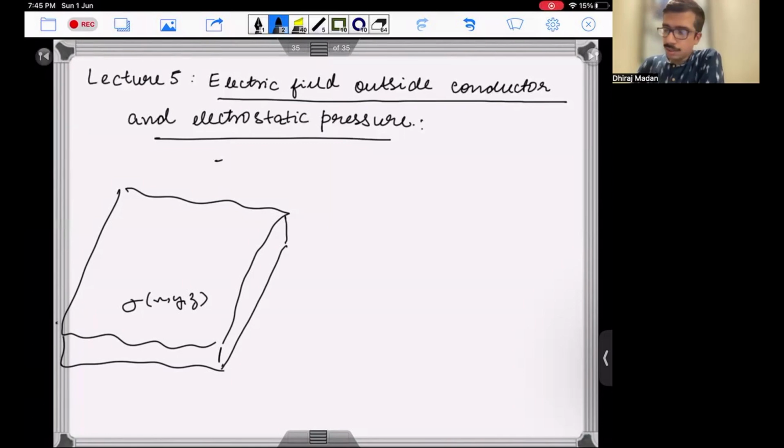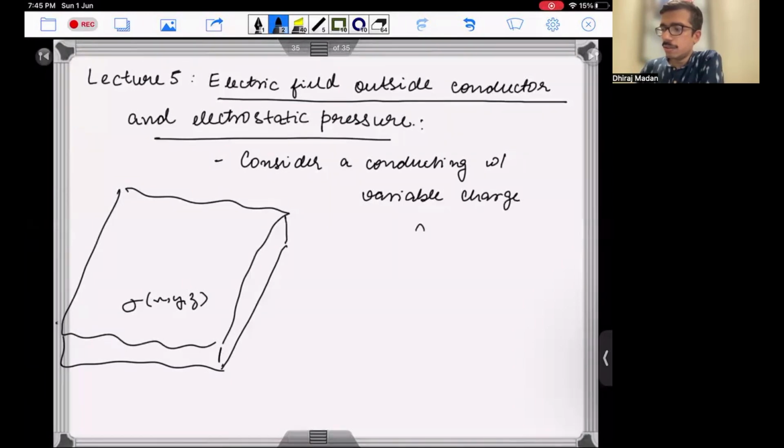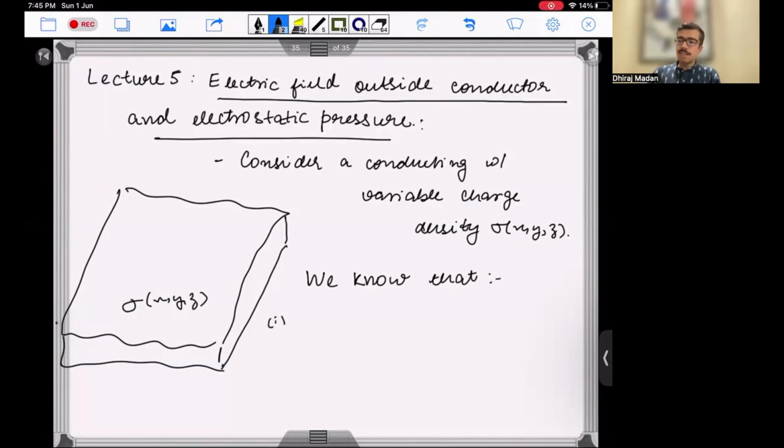So what we have is a conducting surface with variable charge density sigma as a function of x, y, z. Now we know that firstly, inside the conducting medium, the electric field is zero.